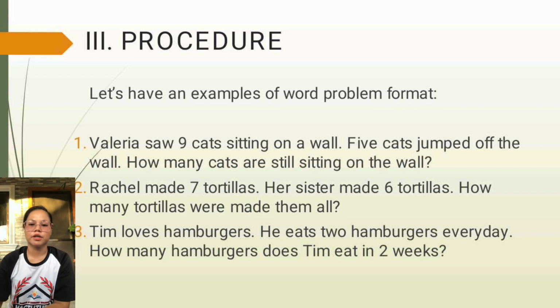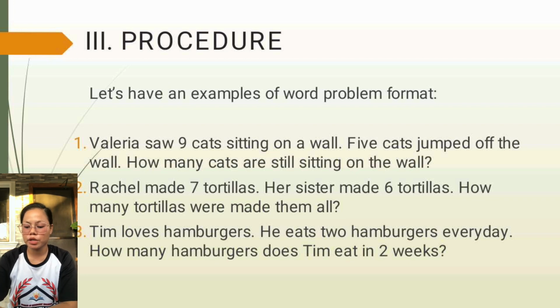So let's have another example. Rachel made 7 tortillas. Her sister made 6 tortillas. So how many tortillas were made in all? Unsa man nga operation ang atong gamiton para makuha ang result? So ato sa sabton ang pangutana. Si Rachel kuno nagbuhat og 7 ka tortillas.